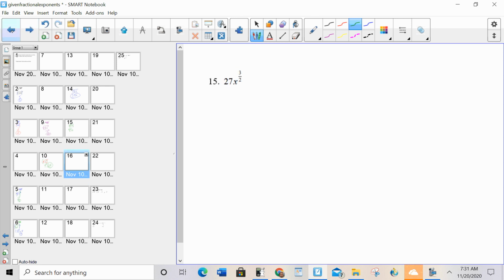Try number 15 on your own right now. If you need more time, feel free to pause. I see a fractional exponent, so I make a radical because radicals are fractional exponents.